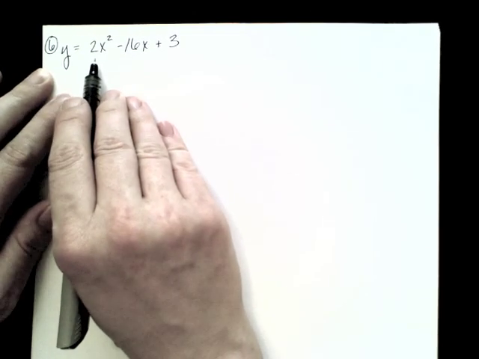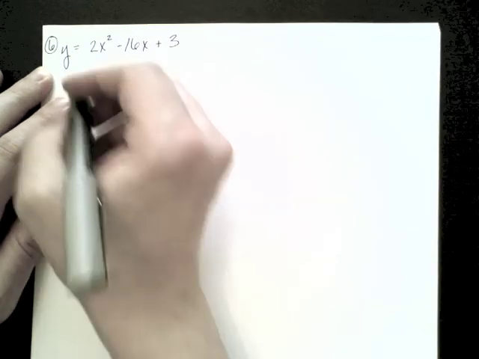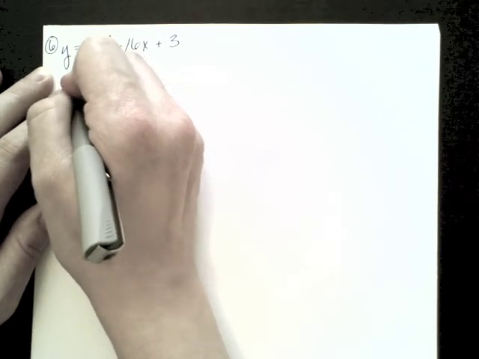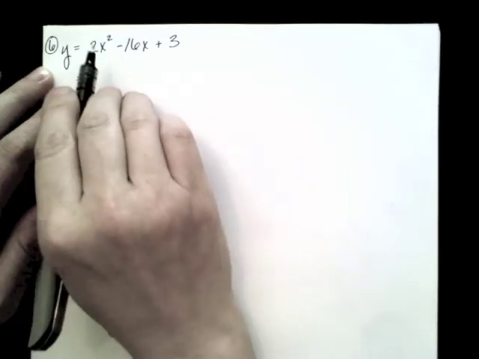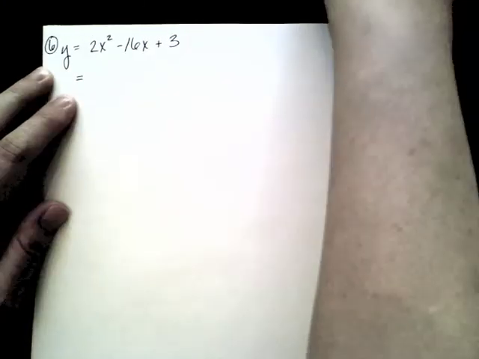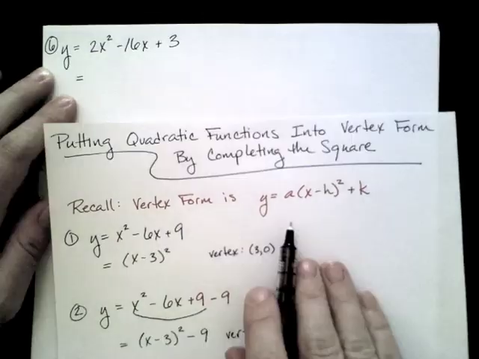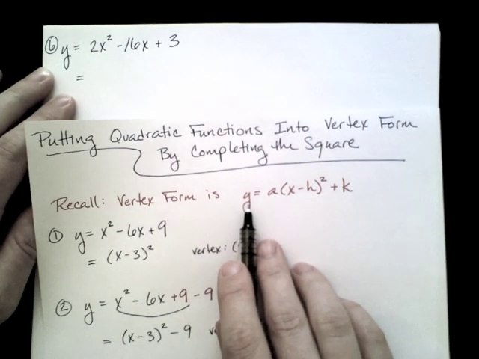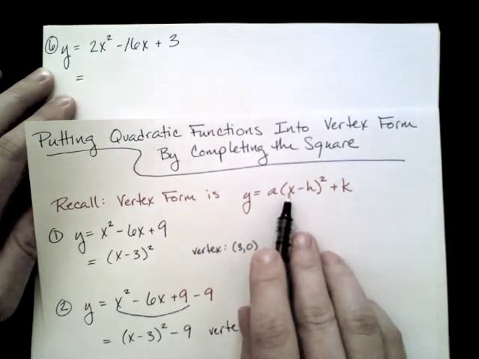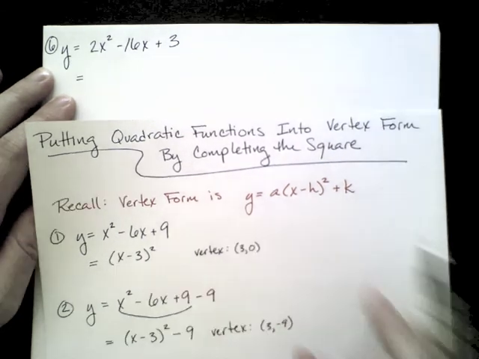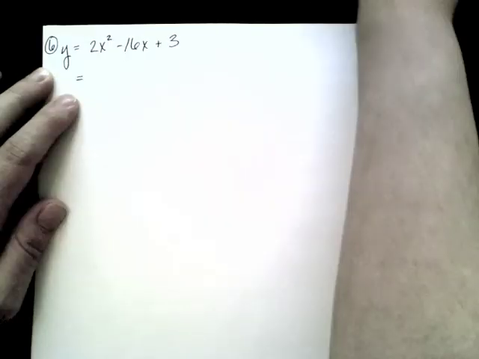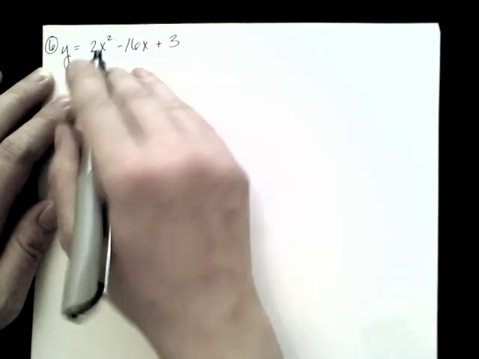This is something that we never had with the circles. So I am going to factor out, remember my vertex form, it can have an a. It can't have anything directly in front of the x, but it can have an a in front of the parentheses. So this 2 is going to become that a.